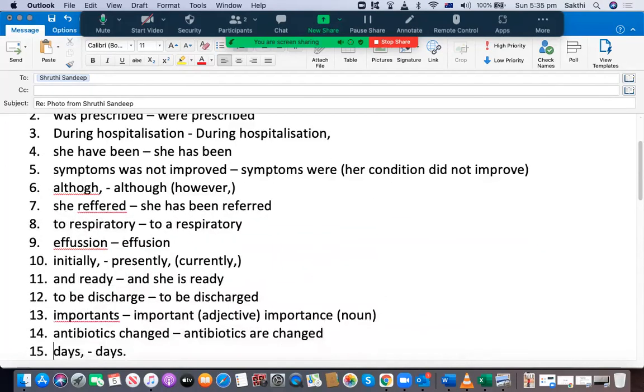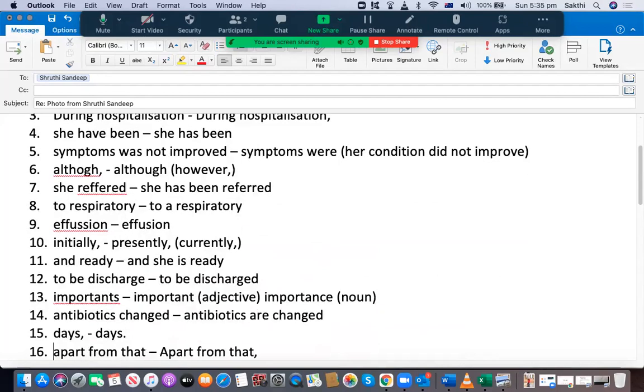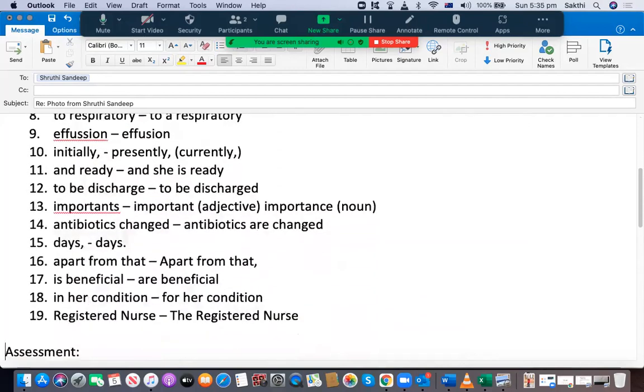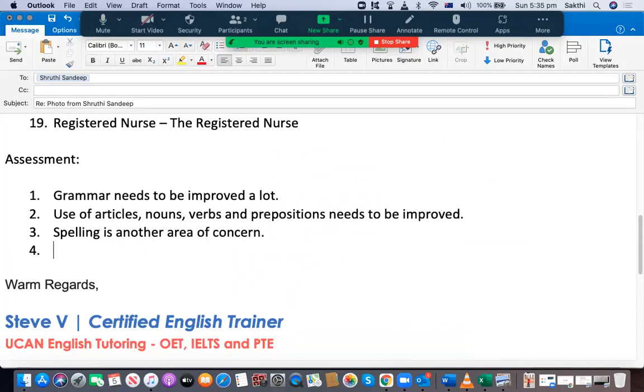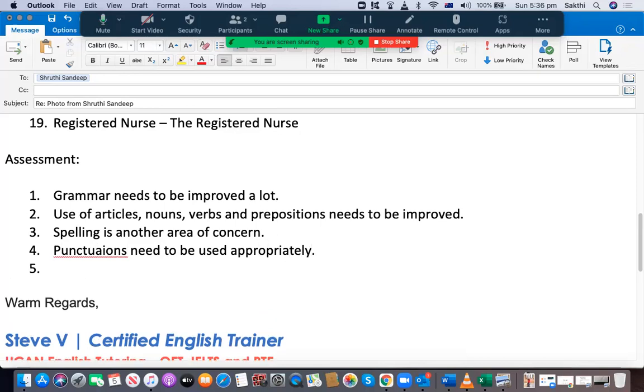Punctuation errors, that's another problem. Punctuation needs to be used appropriately. So you have been unable to do this. Okay. All right.